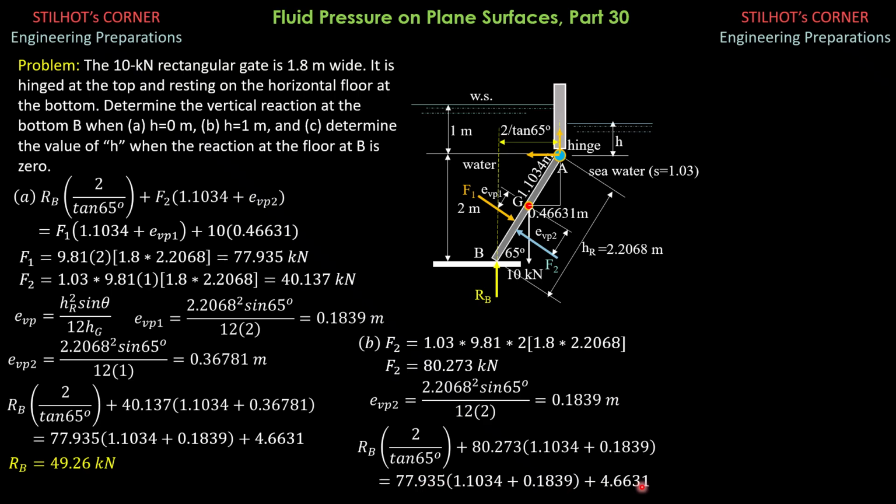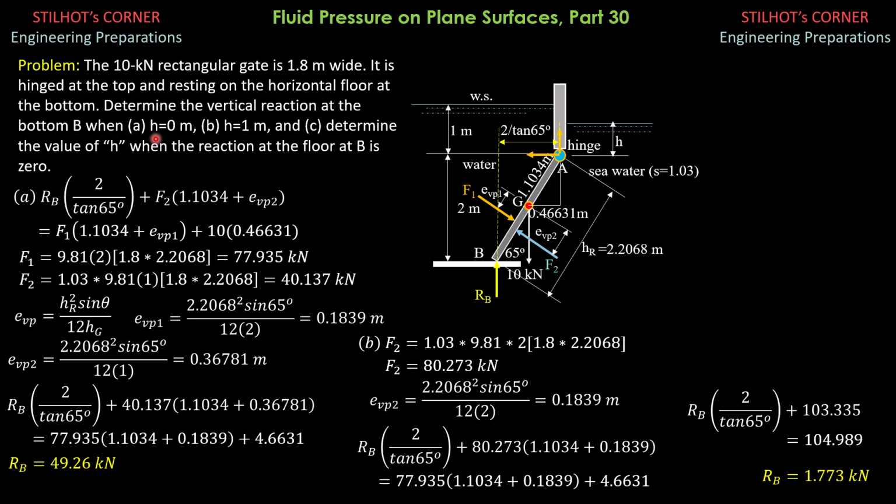We combine the value in the right side, then we simplify this. So RB times 2 over tangent 65 plus 103.335 equals 104.989. We can now solve for RB. RB is equal to 1.773 kilonewtons. So that means when H is 1, RB is almost close to 0.